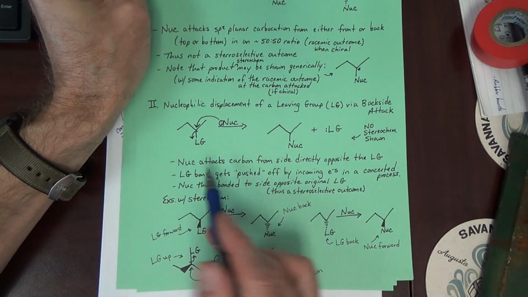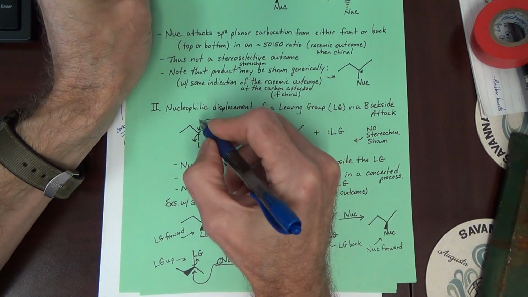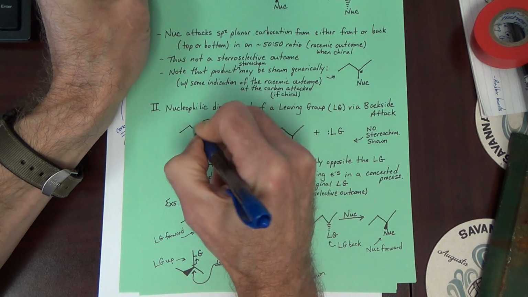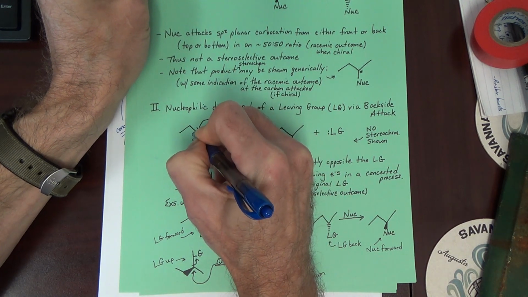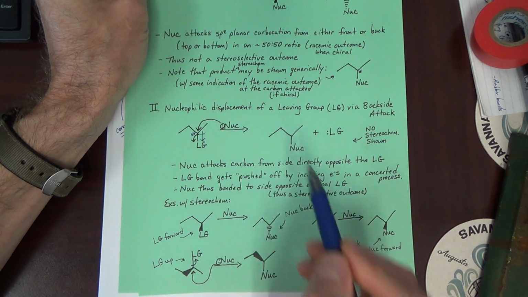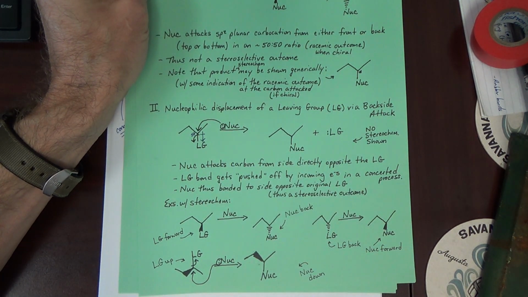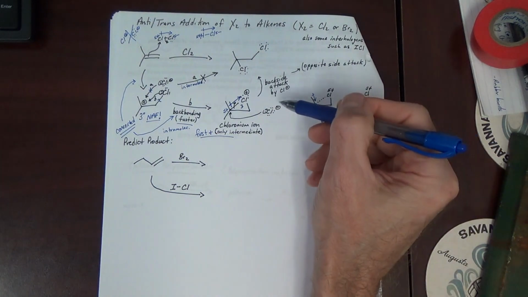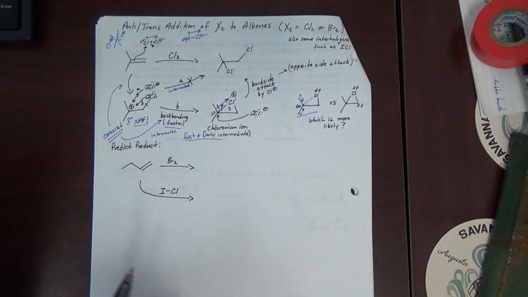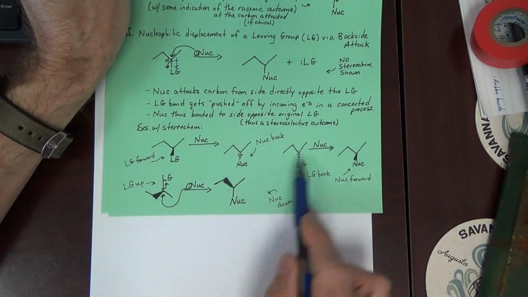Okay? And this carbon is usually going to be polarized, partial plus. That's why the electrons would be attracted there. So that's what's going on here, backside attack. And that also will bring in some stereochemistry, but I discussed that here.